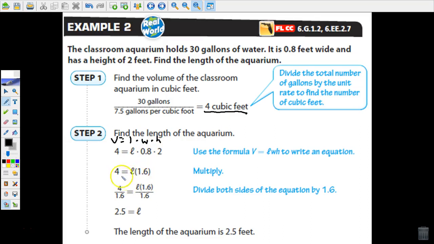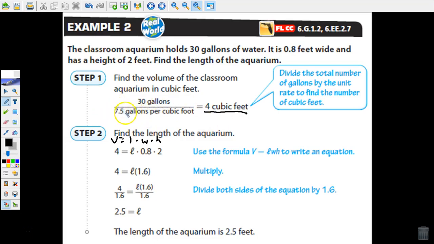I divide both sides by 1.6, and then I figure out that the length is 2.5. So all I'm doing is finding the volume by taking the 30 gallons of water and dividing it by the unit rate of gallons per cubic foot. That's where it comes into play.